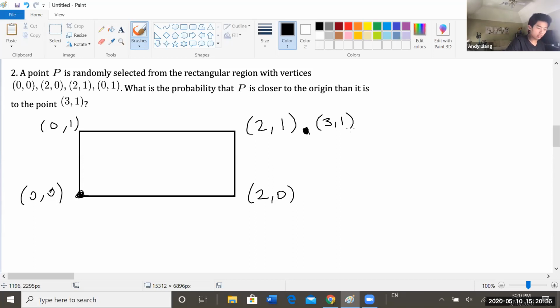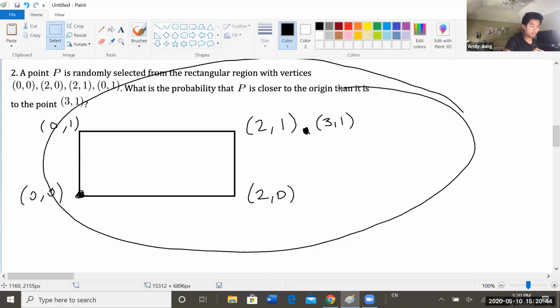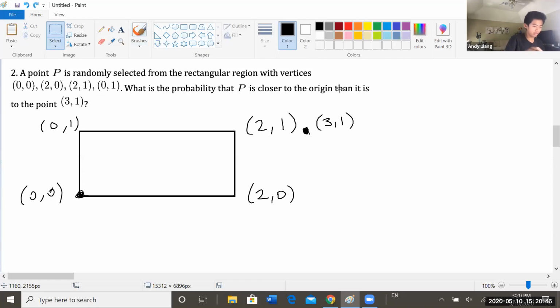Now when we're looking for the direct middle, we want to separate all of this into two parts. One that's closer to the origin, and then one that's closer to 3, 1. So to do that, I connect these 2 points, and then I take the perpendicular bisector.